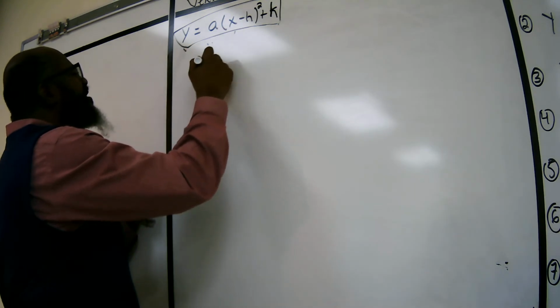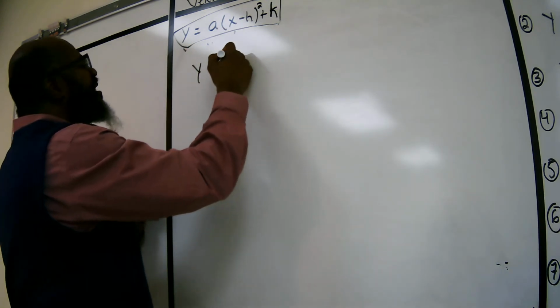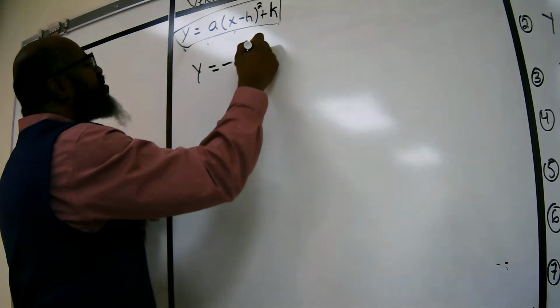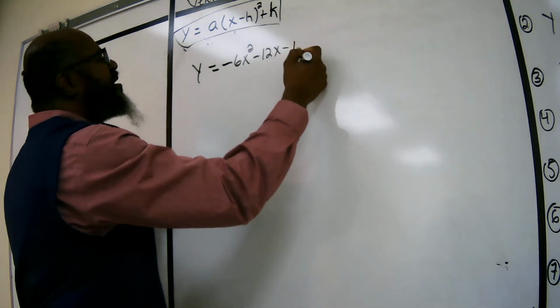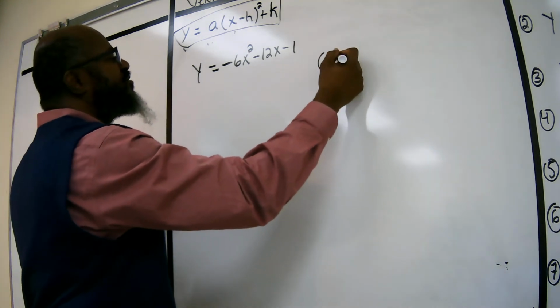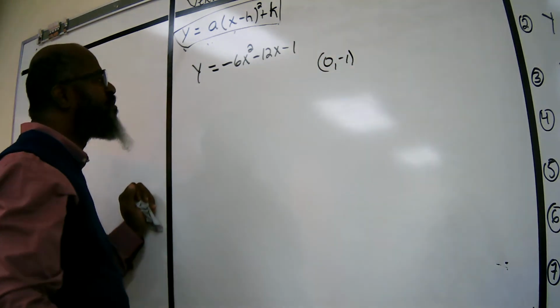Alright, baby step, there's a big one. Negative 6x squared minus 12x minus 1. The y-intercept will be 0, negative 1 for the front of it.